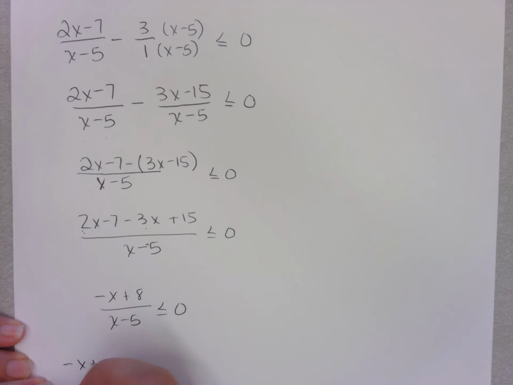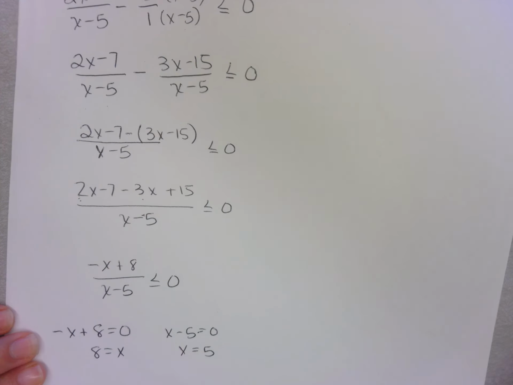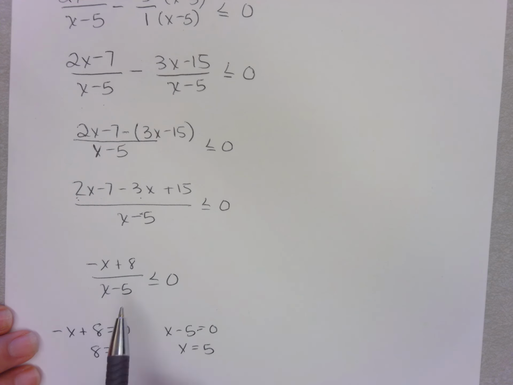I have negative x plus 8 equals 0, which gives me 8 equals x, and x minus 5 equals 0 gives me x equals 5. These are the two places where my function is either 0, if I plug in 8 up here I get negative 8 plus 8, which gives me 0, or undefined.